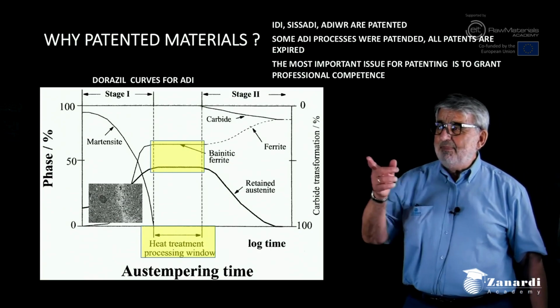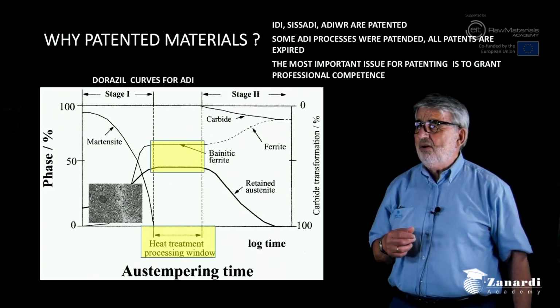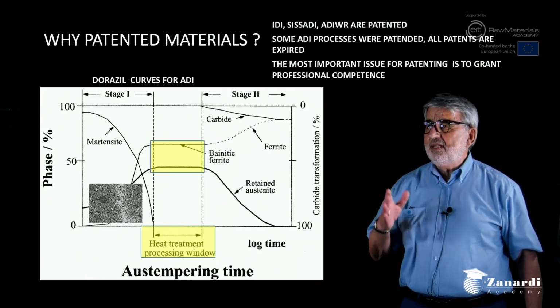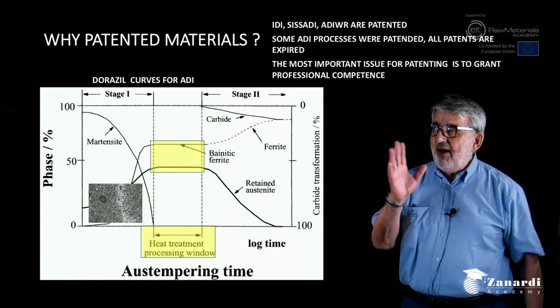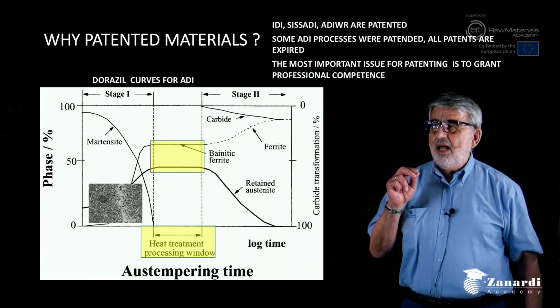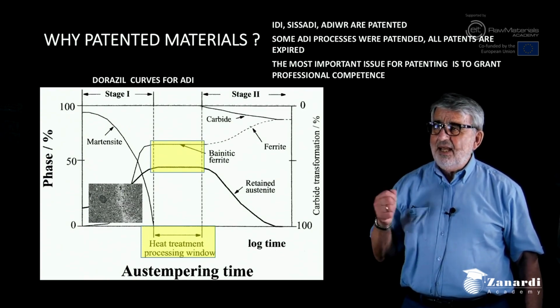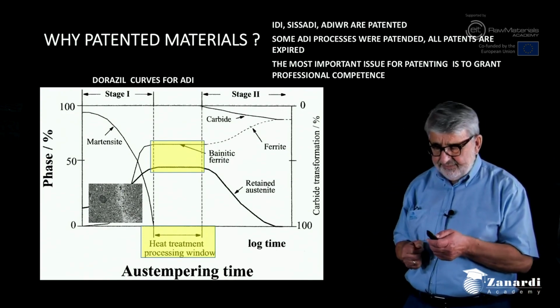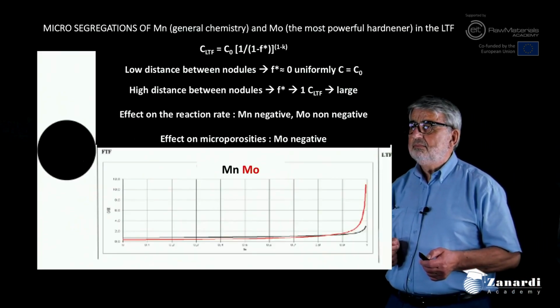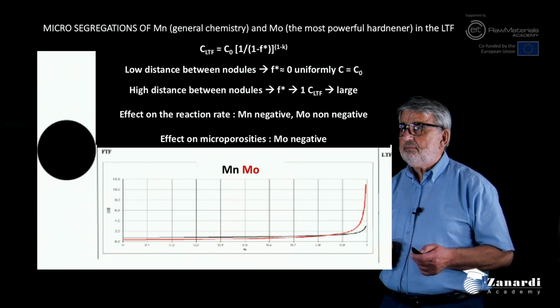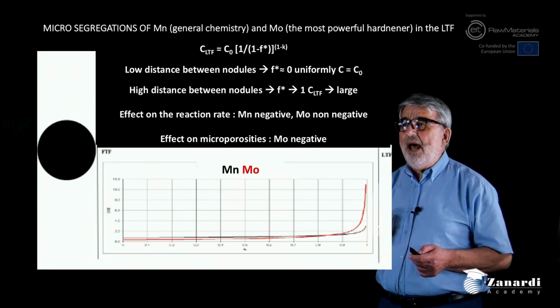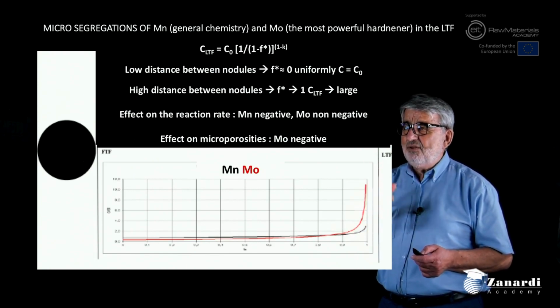Otherwise, it happens like you see in the micrograph, where you see the white region that is the last to freeze, the grain boundary, unstable austenite that at room temperature is transformed into martensite. We have seen why it happens, because of segregation.